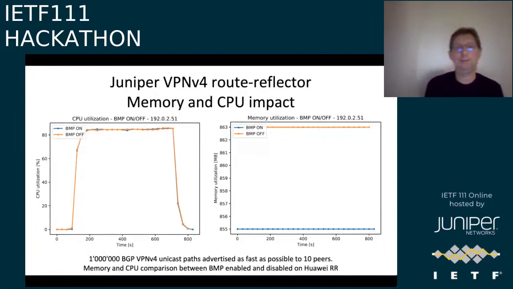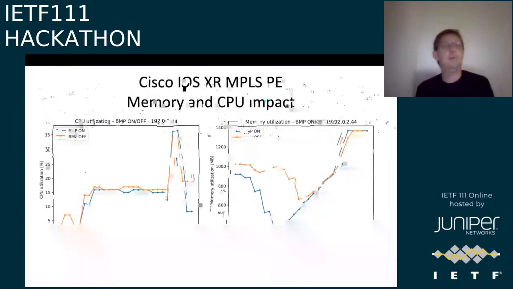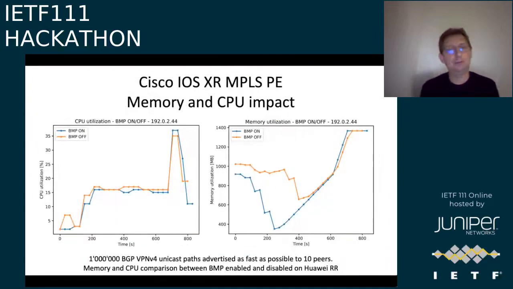Next slide, please. Also the same on the MPLS PE routers. We don't see much of a difference. It all depends very much on when you're in a congestion, how quick the data collection can keep up.